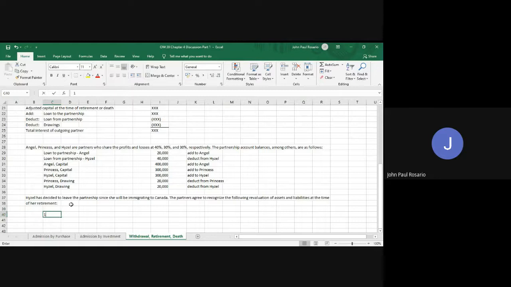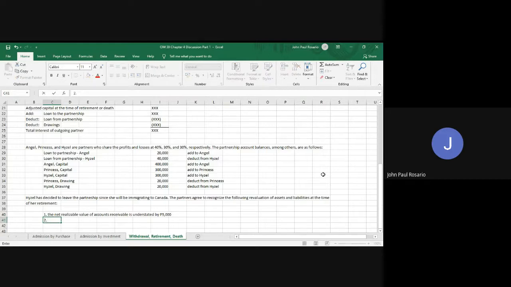Okay. The net realizable value of accounts receivable is understated by 5,000.